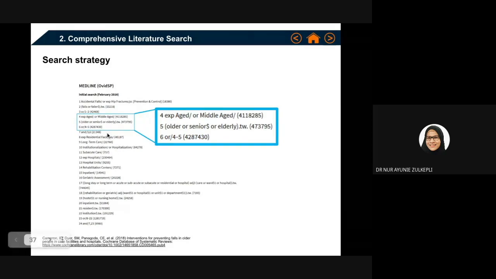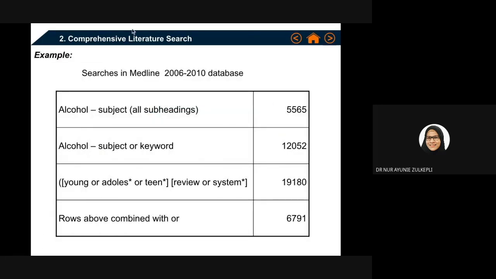Okay, it is not specific. In order for you to get a very good literature search, you have to use a searching strategy using the information given. Okay, so this is another example, a search in Medline from 2006 until 2010.